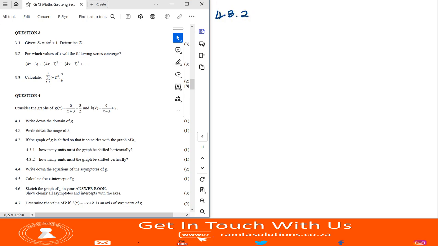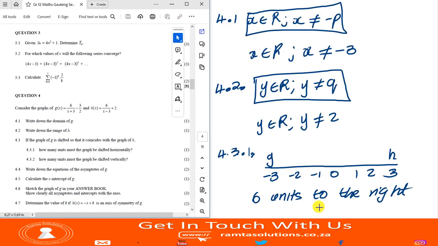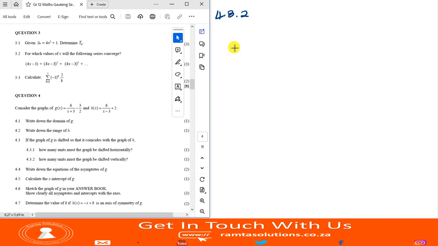4.3.2. It says how many units must the graph be shifted vertically?